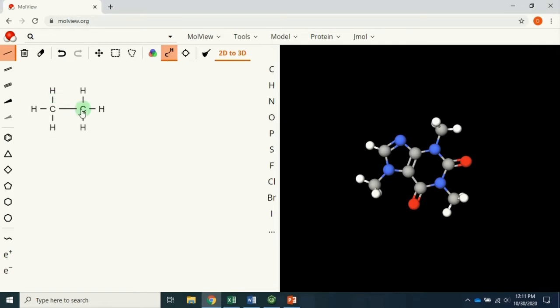So it's CH3, CH2, and let us make this an O. And then we add a hydrogen there. So this is ethanol, CH3CH2OH.